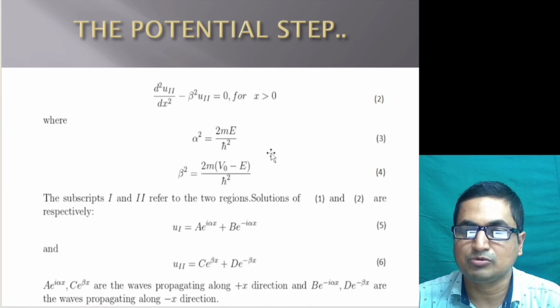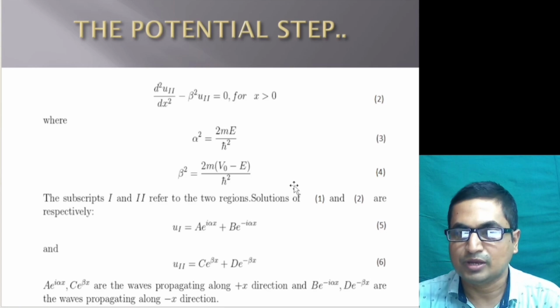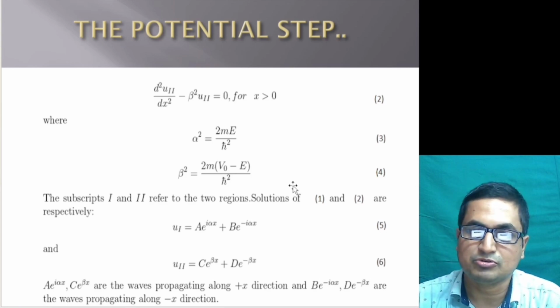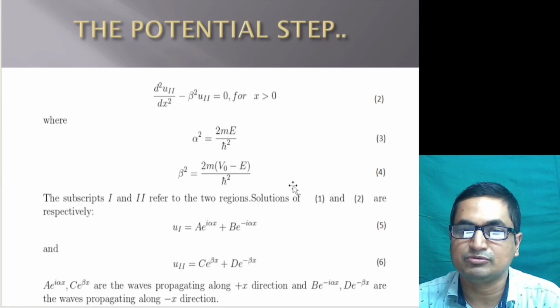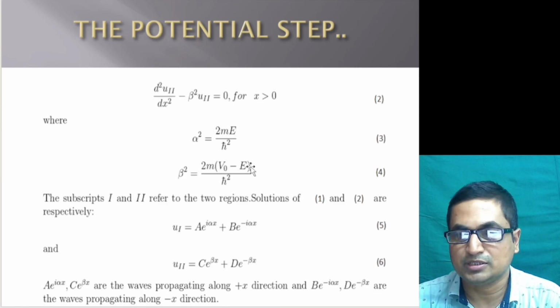We choose these coefficients very carefully, and we see that here alpha square is a positive thing, that means alpha is real, and then beta square, where V0 is greater than E, that means beta square is positive, making beta real. So while constructing time-independent Schrödinger equations, the coefficients have to be chosen very carefully so that they always remain real, and that's why we are using equation 4, where V0 minus E is taken.